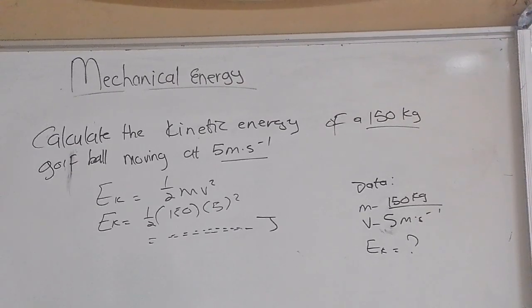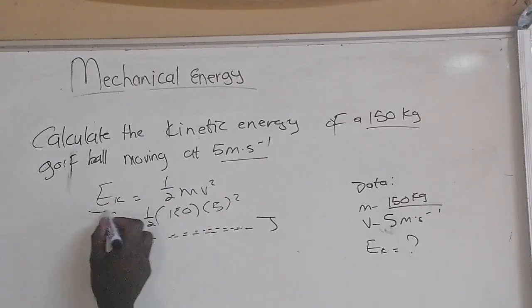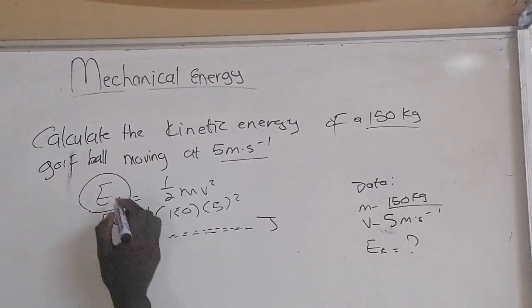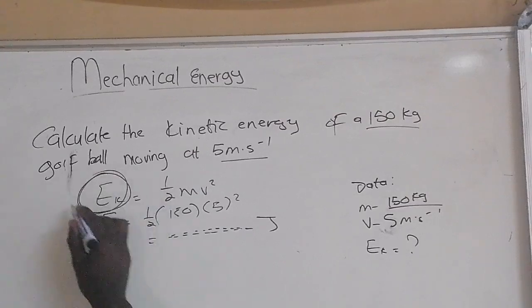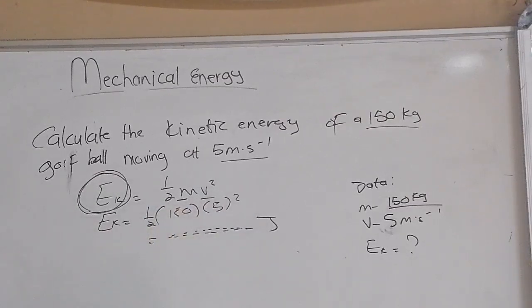This formula doesn't only want you to calculate EK. They can want you to calculate EK if m and v are provided in the statement, or you can calculate mass provided that you're given EK and the velocity. I hope we are together there.